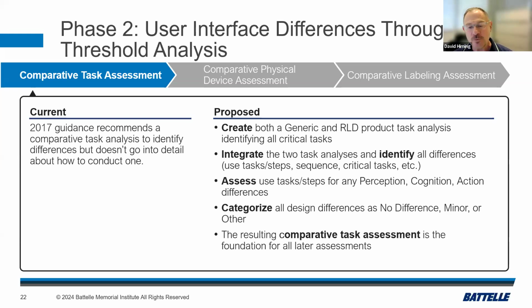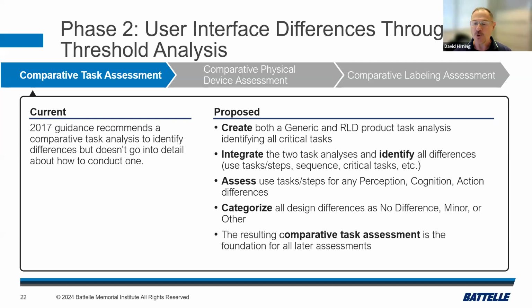Now, we want to use the generic as the foundation of this task assessment. And just as a side note, we're going to be looking at the details of a task assessment shortly, so just bear with me through some of the notes here. And then we're going to note any use task or step differences, any sequence in task step differences, and critical task differences.